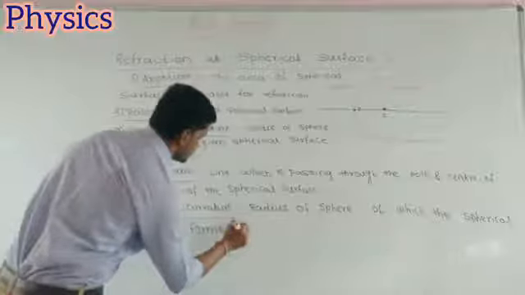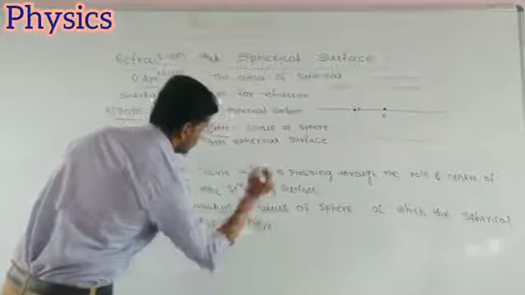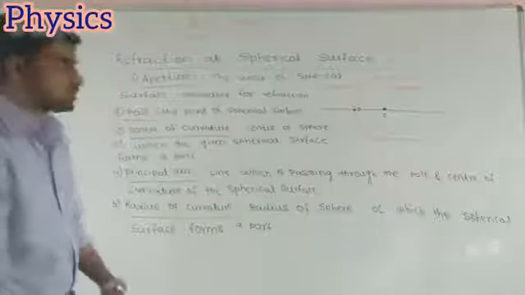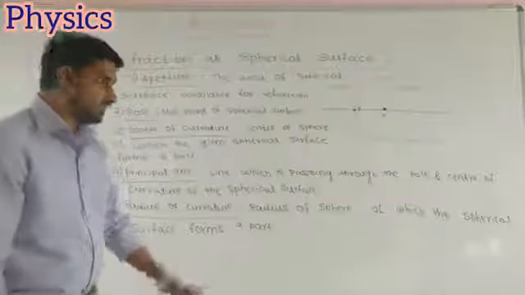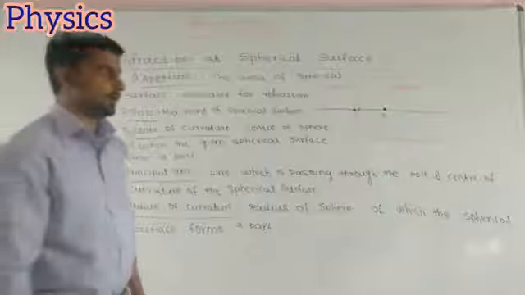Then it is called the radius of curvature of a spherical surface. It is the radius of the sphere of which the spherical surface forms a part.